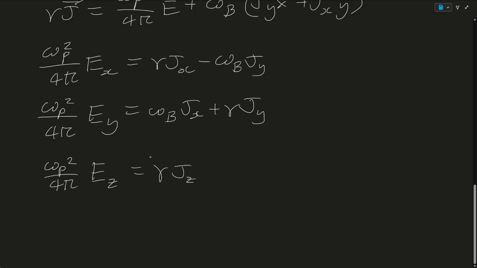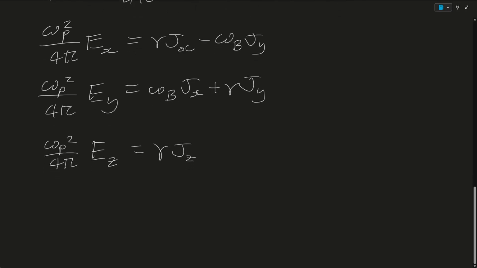Cool. So we have our system of equations. This is the nicest one because we can just send that nu to the other side. Therefore, j sub z is equal to omega p squared over 4 pi nu. That's not looking like much of a nu anymore.